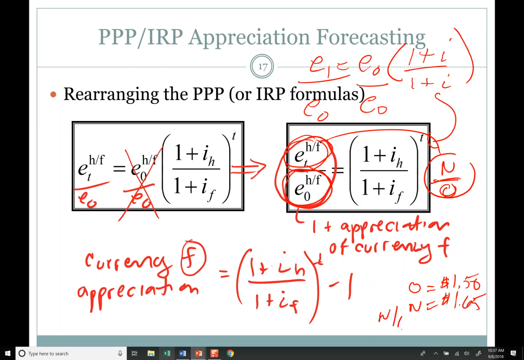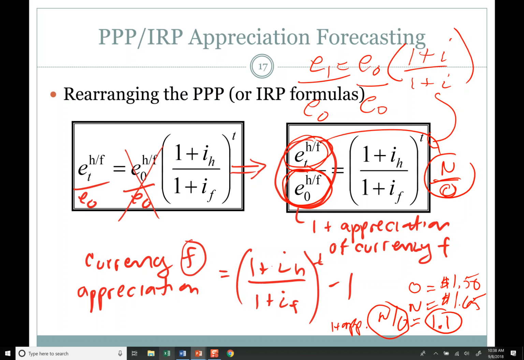If I do new over old, if I divide 165 over 150, what do I get? What's 165 over 150? 1.1. What's the appreciation of the euro there? 10%? So new over old is really 1 plus the appreciation.